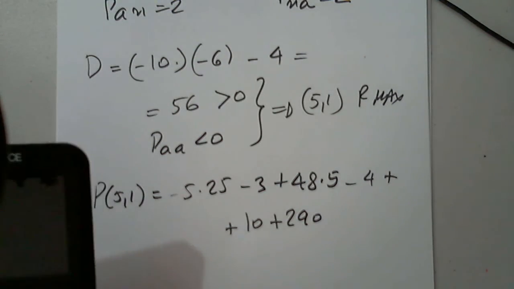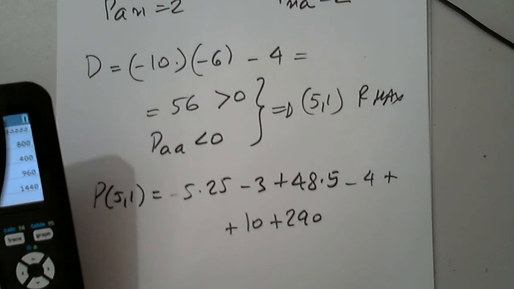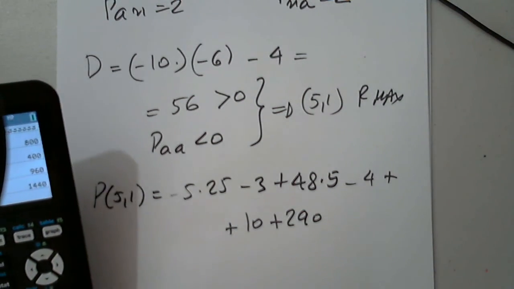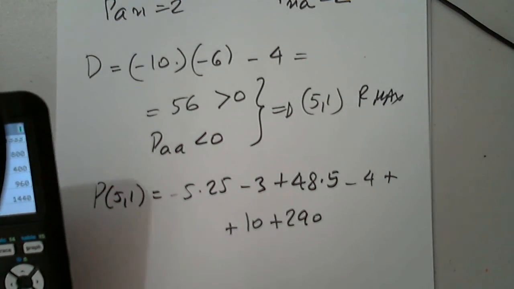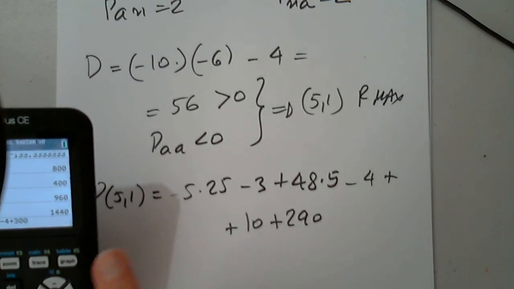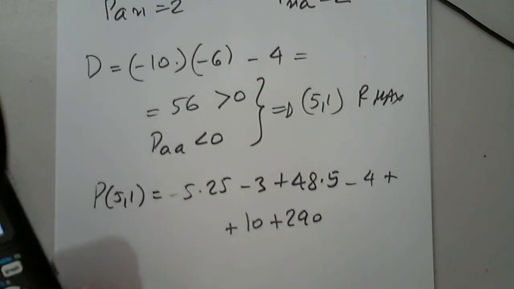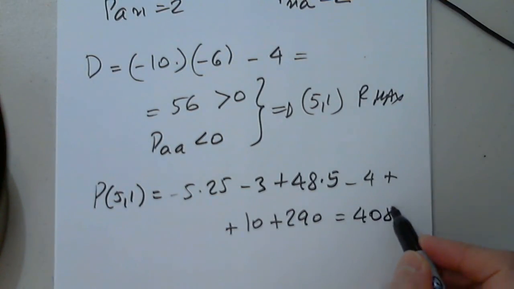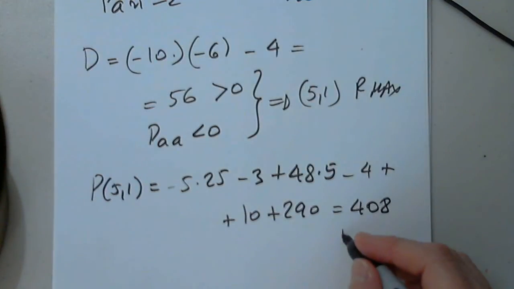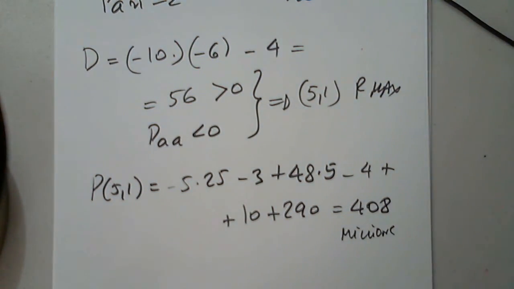So this is negative 125, and then minus 3, and then plus 48 times 5, and then minus 5, and plus 300. I'm checking my numbers. Minus 3, yes. 48, minus 4, yes. I got 408. And this is in millions. And that's it.